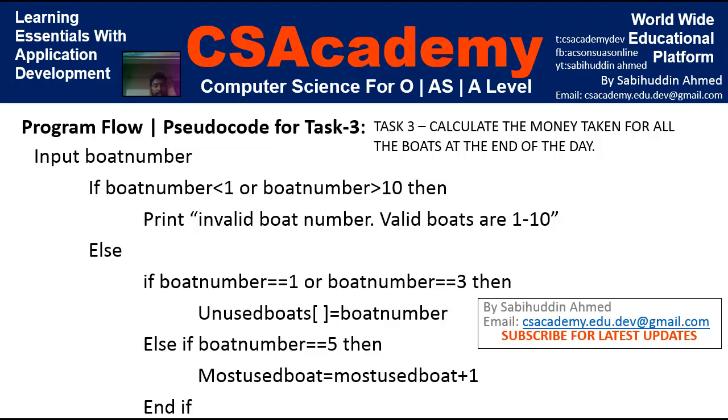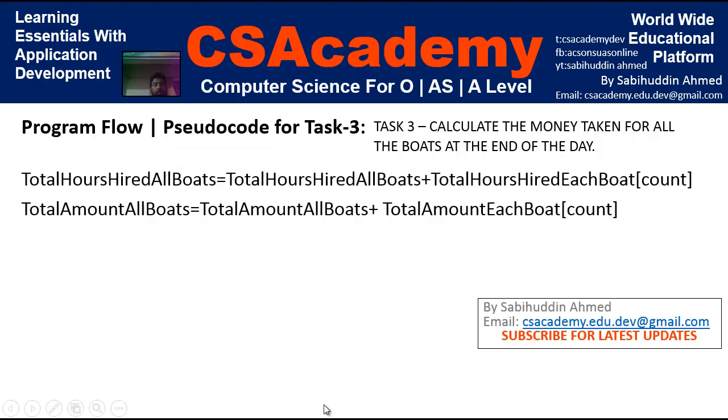Moving on to the next slide, which will show you the other output. The output which you will have to calculate for the owner is the total hours hired for all boards. This is the generic variable which has collected all the boards' hours.